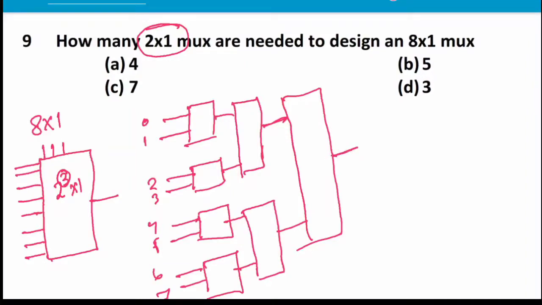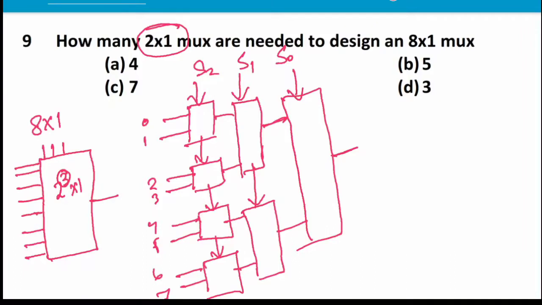And what are the selection lines from this? Suppose these selection lines are connected, this is S2, and here is the selection line of the second one, and here is the third one, that is S0, S1, S2, 3 selection lines, 8 inputs, 1 output.